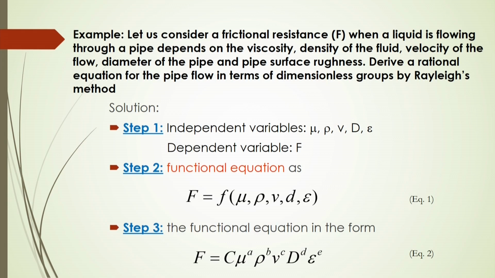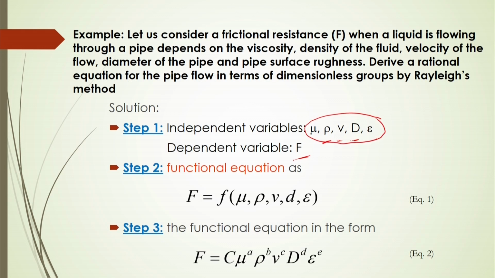So, here we can identify viscosity as an independent variable, density as an independent variable, velocity as an independent variable, diameter of the pipe as an independent variable and the surface roughness, denoted by epsilon, as an independent variable. The dependent variable is F, because this frictional resistance F depends on all those independent variables.